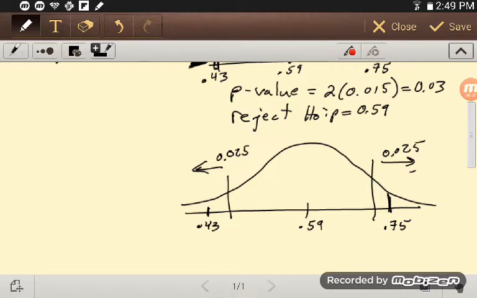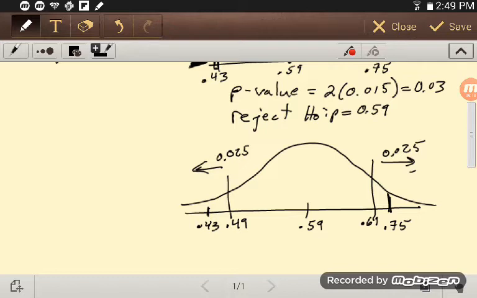Let's just, for the heck of it, say that this was at 0.69 and 0.49. Okay, so suppose that's where we were.